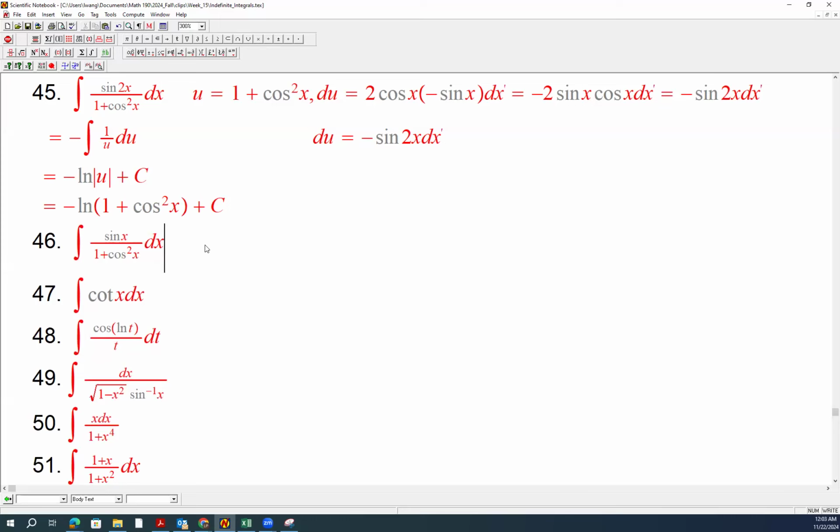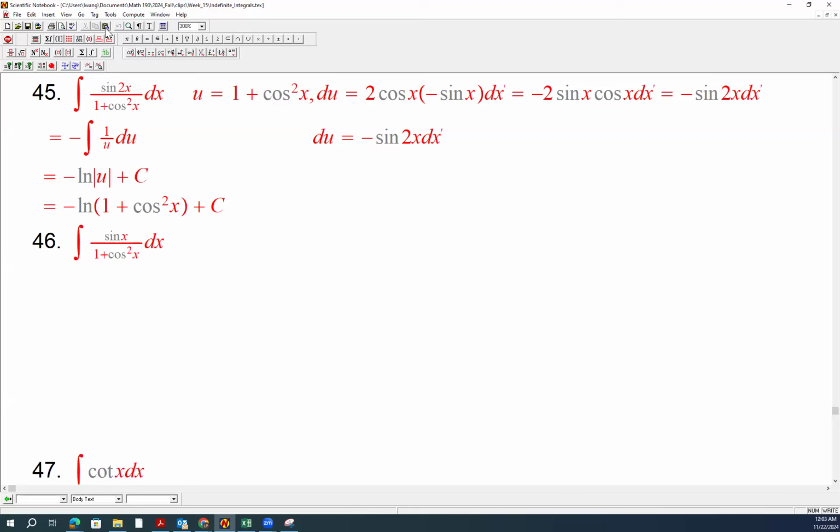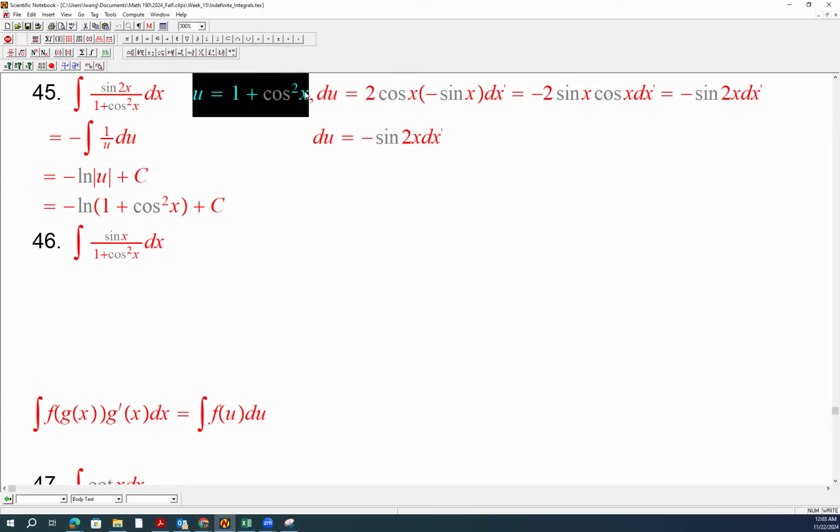46. The assumption is actually similar. We should introduce the same u. But in 46, let me double check that I copied the question correctly.